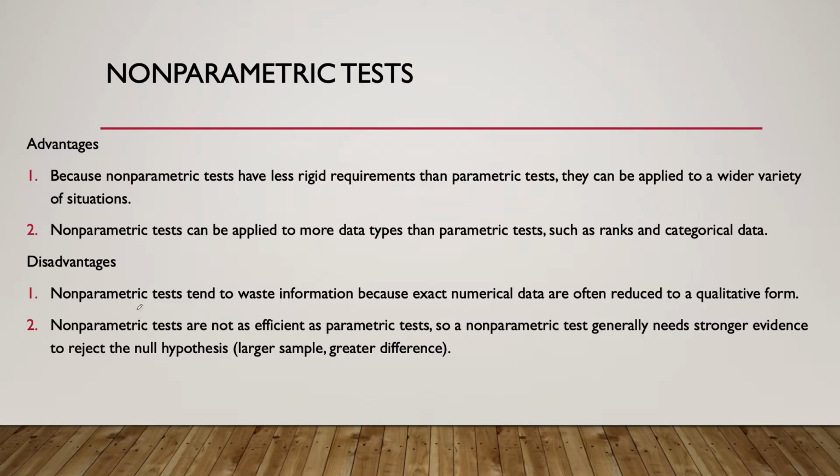Disadvantages, though, are that nonparametric tests tend to waste information because exact numerical data are often reduced to a qualitative form, and nonparametric tests are not as efficient as parametric tests. So a nonparametric test generally needs stronger evidence to reject the null hypothesis, such as a larger sample, a greater difference, that type of thing.